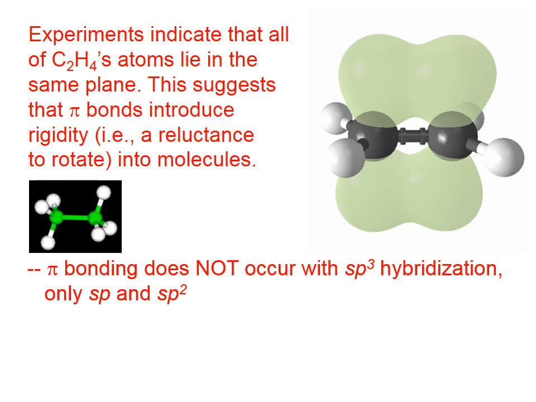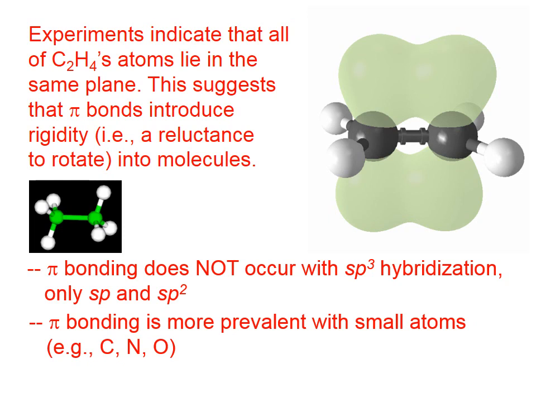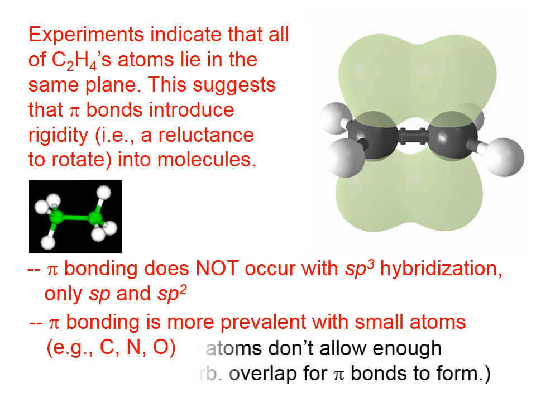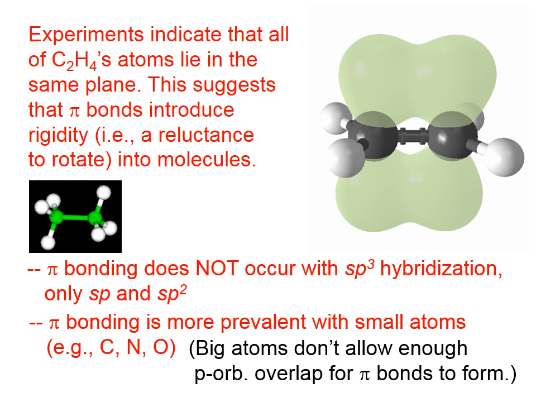Pi bonding does not occur with sp3 hybridization, only sp and sp2, and that's because pi bonding requires unhybridized p orbitals, and with sp3 hybridization, all of the p orbitals have been hybridized. Pi bonding is more prevalent with small atoms, like carbon, nitrogen, and oxygen. That's because big atoms don't allow enough p orbital overlap for pi bonds to form.